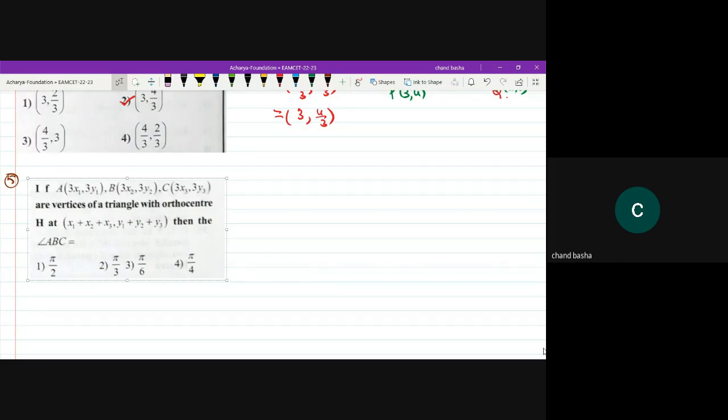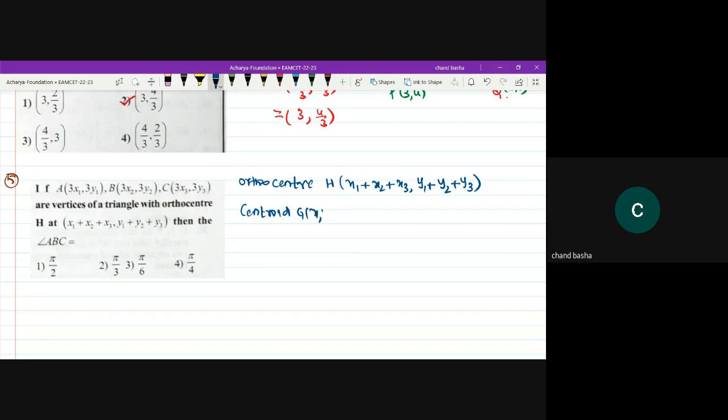So he has given the orthocenter H, which is x1 plus x2 plus x3, y1 plus y2 plus y3. Now, can I find the centroid? Let's find out the centroid.